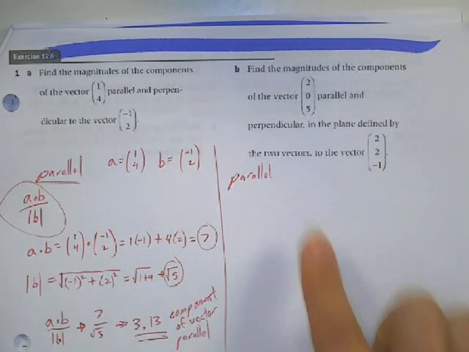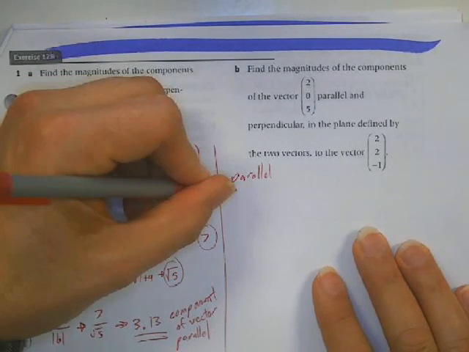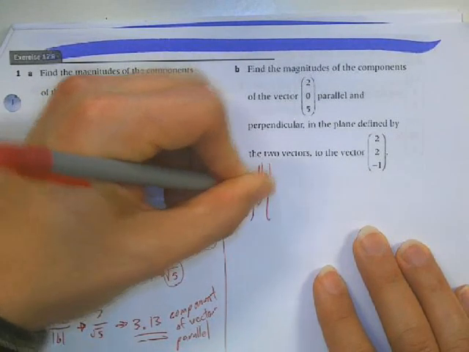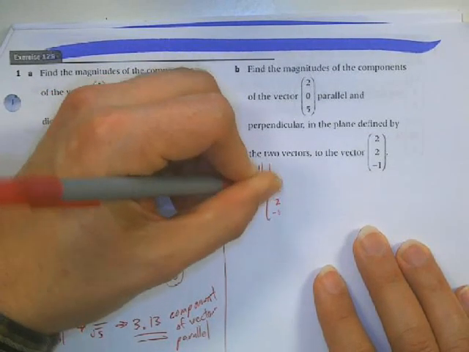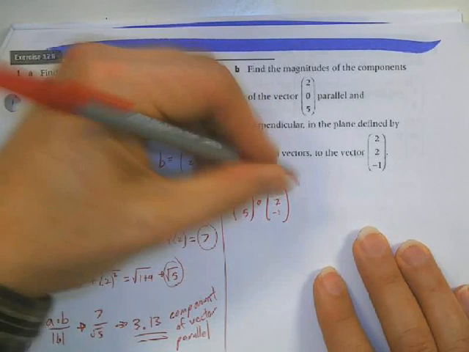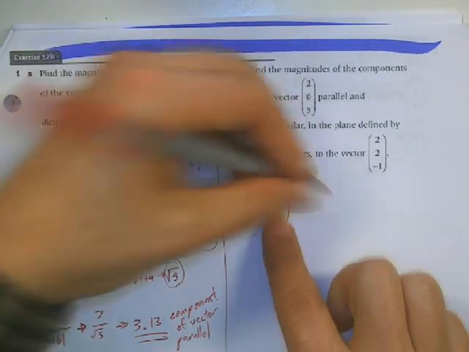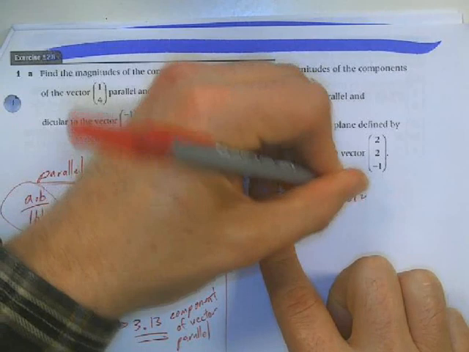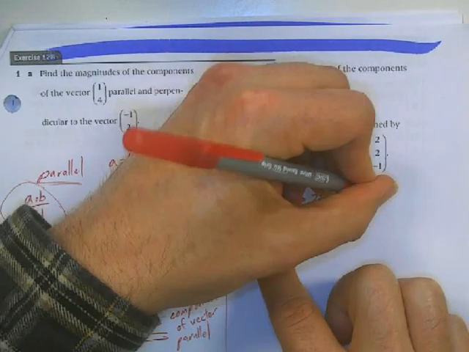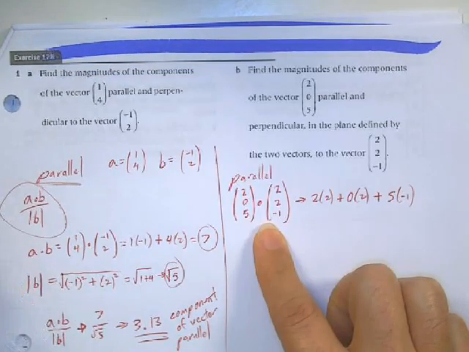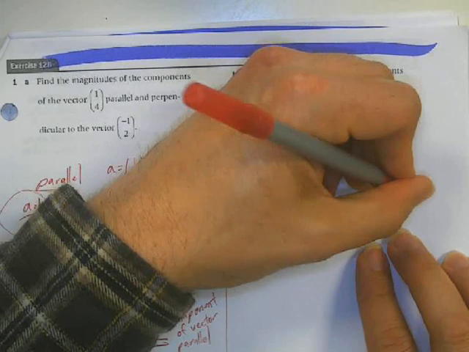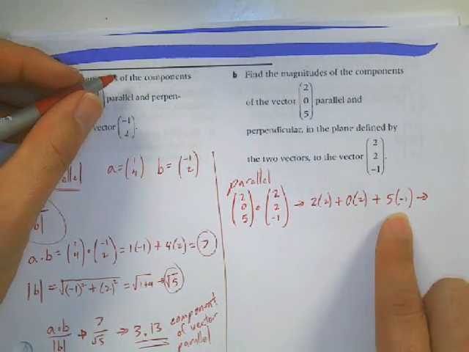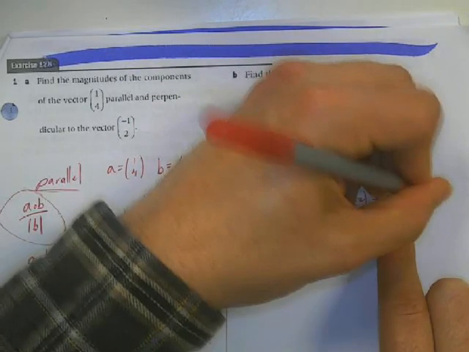So we need to figure out 2, 0, 5 dot 2, 2, negative 1, which gives me 2 times 2 plus 0 times 2 plus 5 times negative 1, which simplifies to 4 plus 0 plus negative 5, which is negative 1.